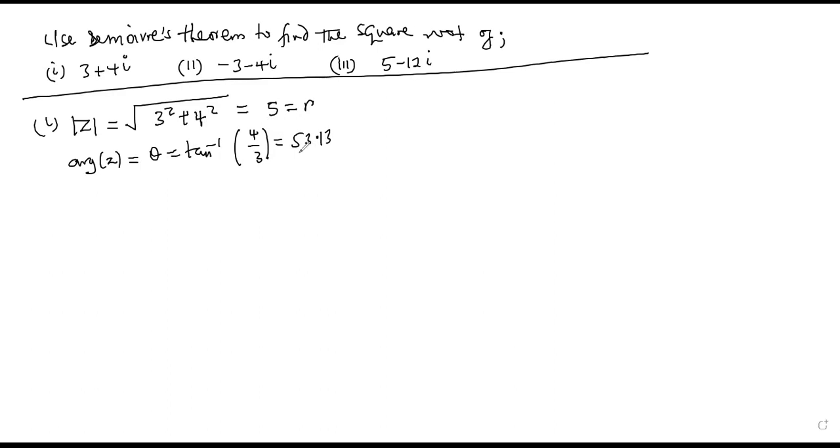If you put this in radians, you can even draw to show where it would lie. Here we have the imaginary axis and there we have the real axis. Real is 3, imaginary is 4.